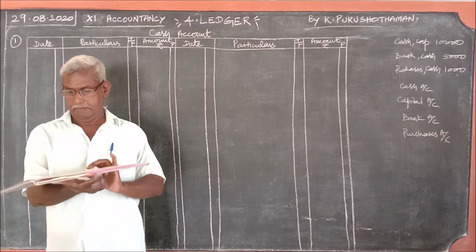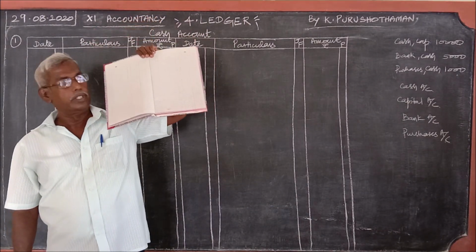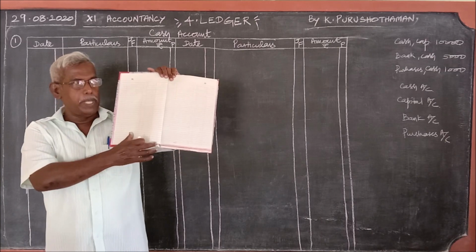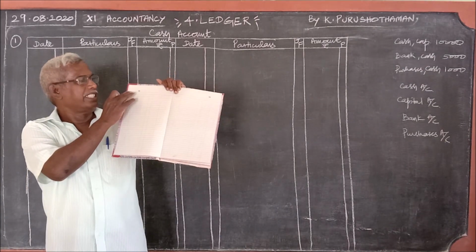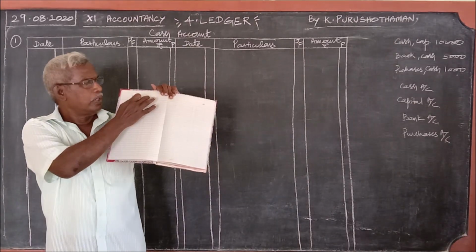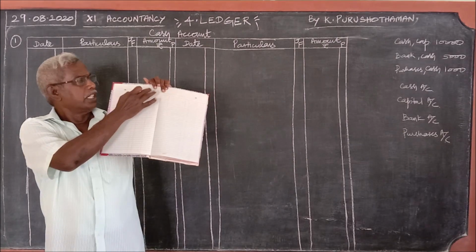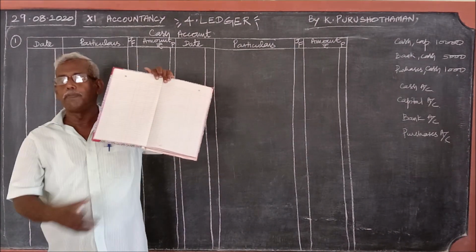I showed you in the other class. You can take one page for journal. How you will write here: date, particulars, ledger folio, debit amount, credit amount, you will write like this. You will use a single page.